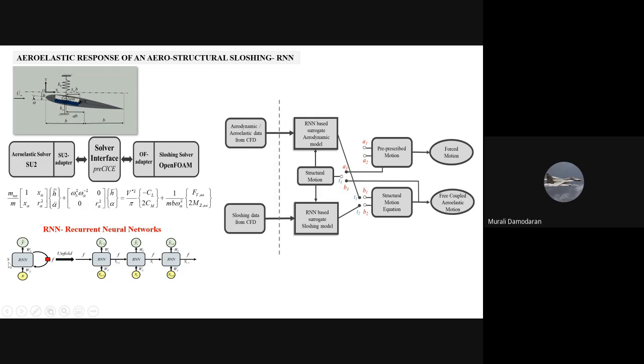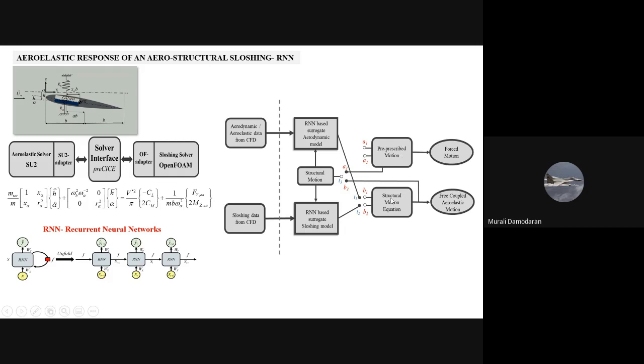Okay, so you need some feedback loop. So this representation of an RNN is like that. So you can see the time t+1, t-1, and the various variables. So an RNN surrogate model for the aerodynamics and for the sloshing, and they're coupled through this structural motion.